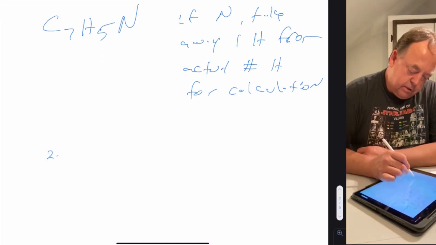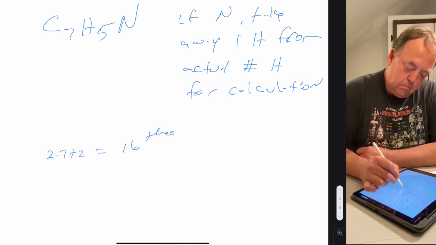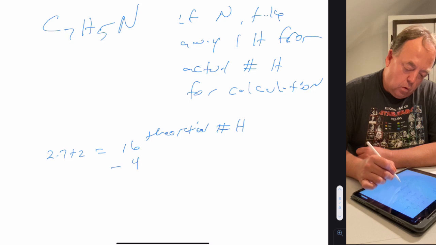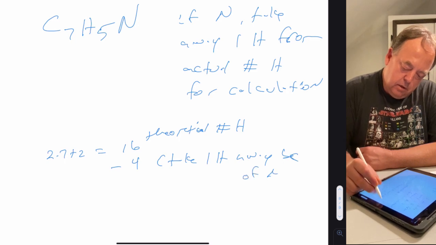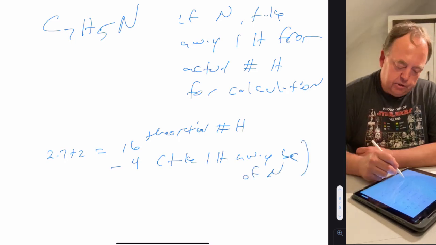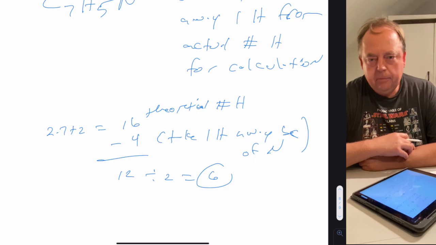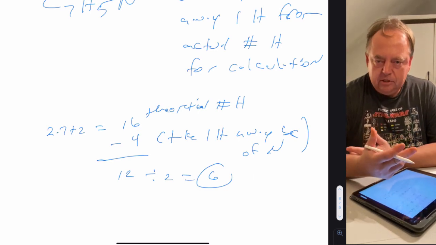So 2 times 7 plus 2 would equal 16. That's theoretical. Theoretical number of hydrogens minus actual is 4. We're going to take 1 hydrogen away because of the nitrogen. So 16 minus 4 is 12, and then we're going to take that and divide it by 2. So whatever molecule this is, better have 6 double bond equivalencies in it. There's lots of possible combinations to get to 6.